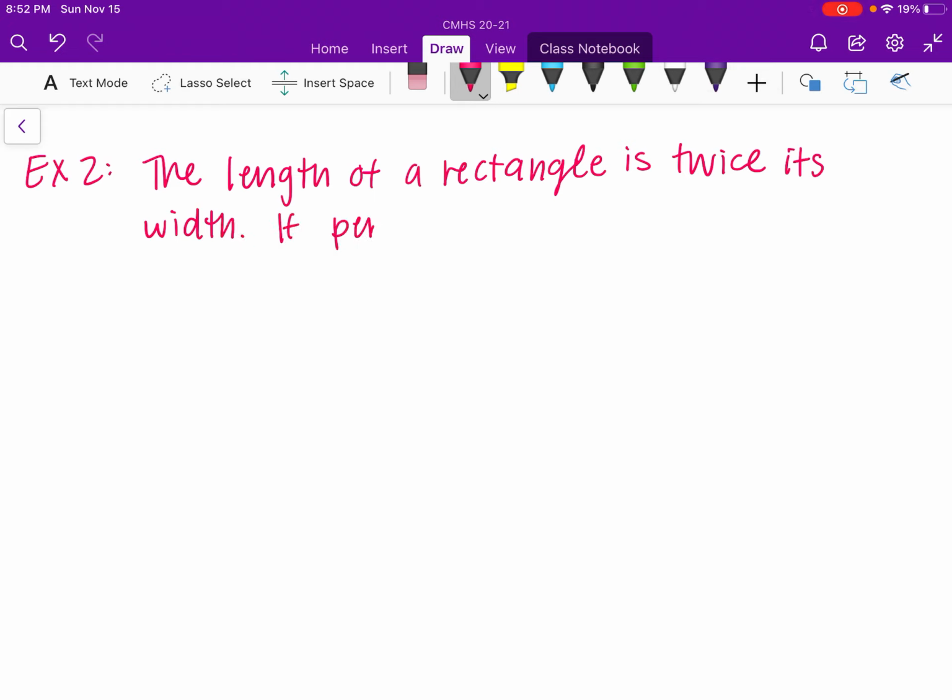If perimeter is, hold on, I forgot. Let me check. If perimeter is 60 inches, find the dimensions of the rectangle.